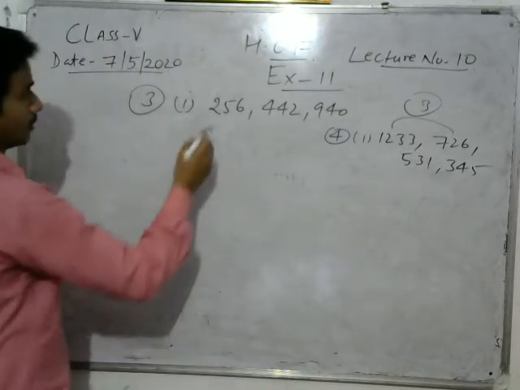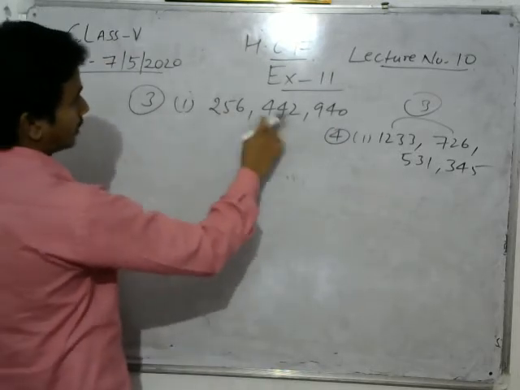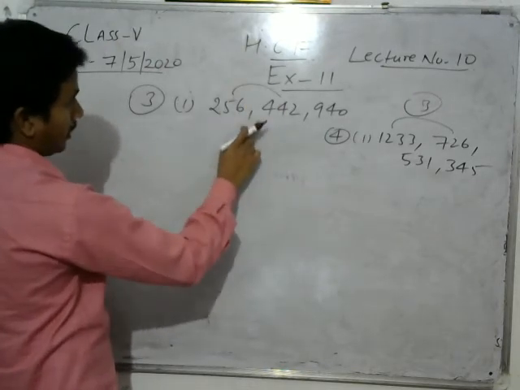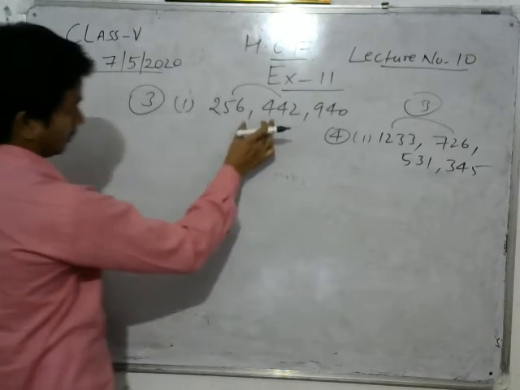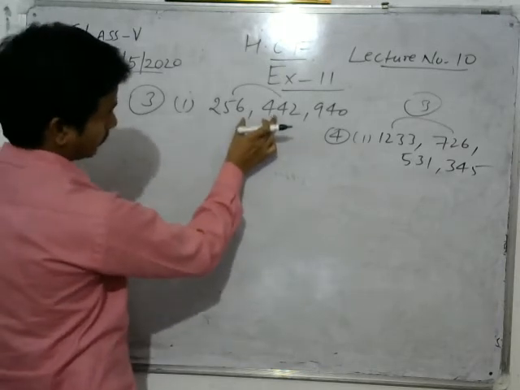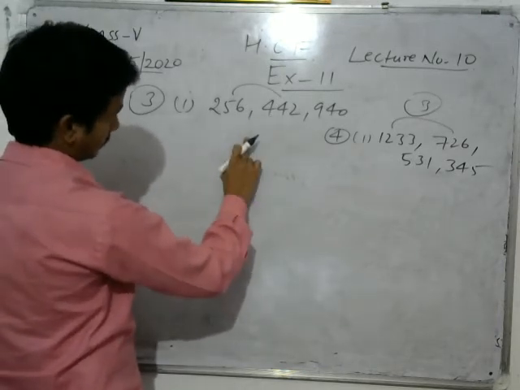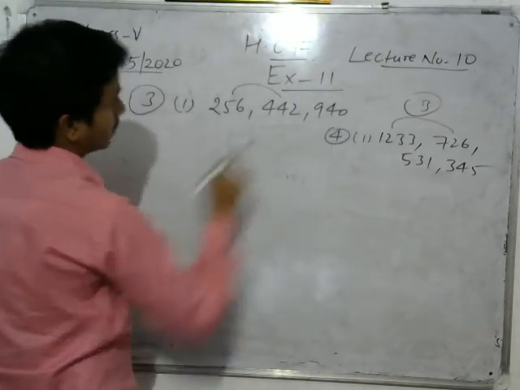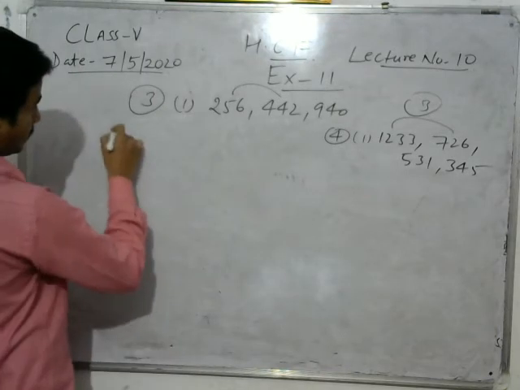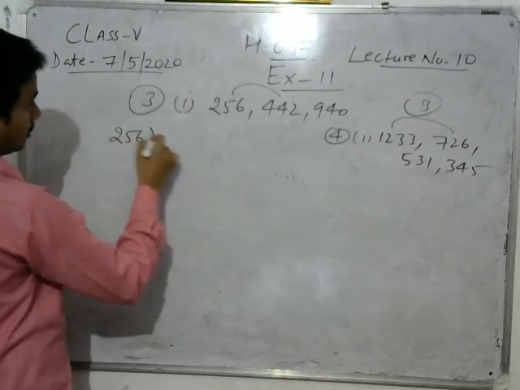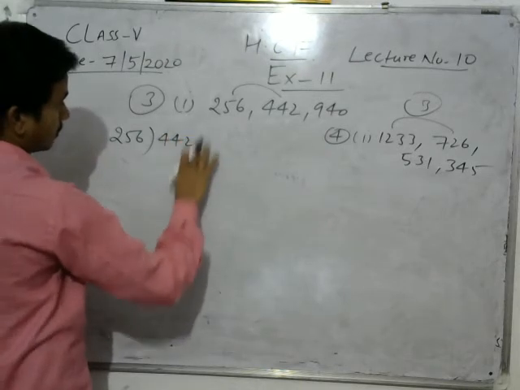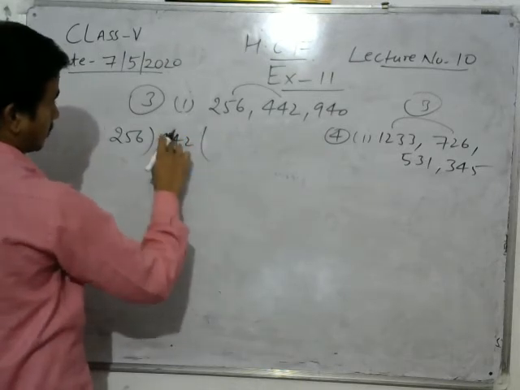First of all, we find the HCF of these two numbers, 256 and 442. Whatever HCF we get, we then find the HCF of that with this number. So first of all, divide 442 by 256.